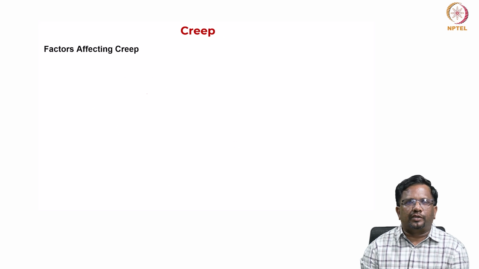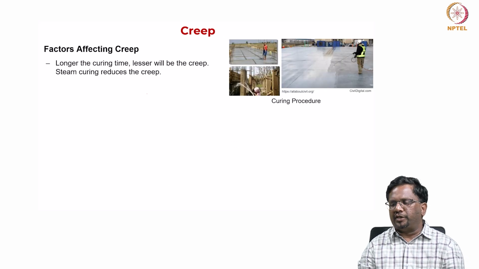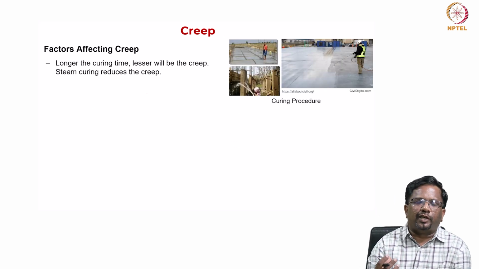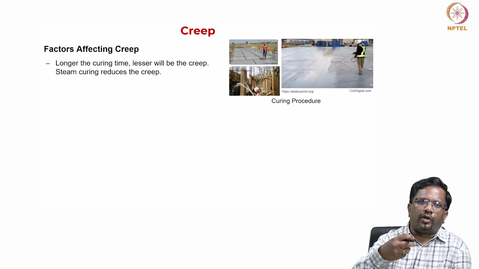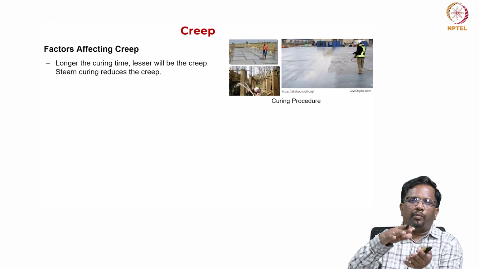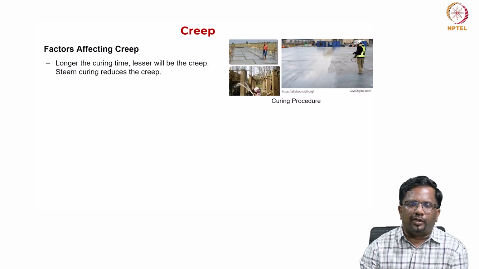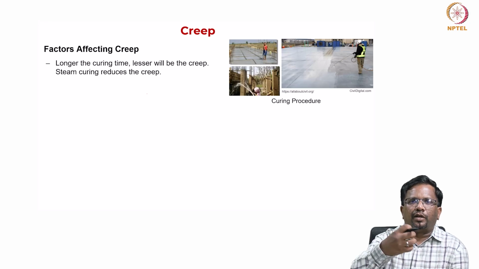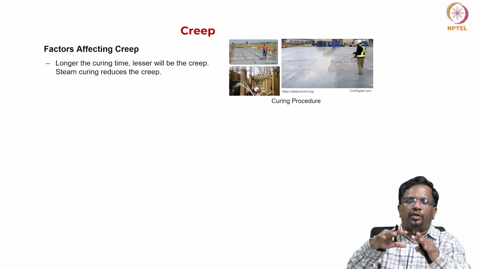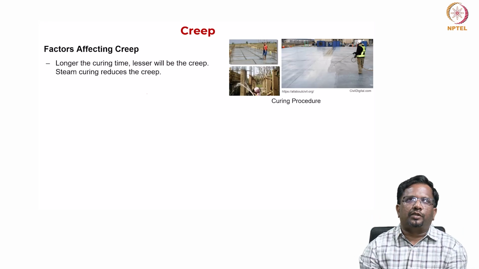Now, what are the factors that affect creep? We can see that it is basically happening from the water that is there in the gel pore, capillary pore, and between the interfaces of the calcium silicate hydrates in the concrete, that will try to come out of the system. So, there will be some deformation in the concrete.